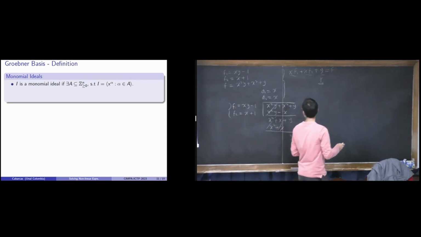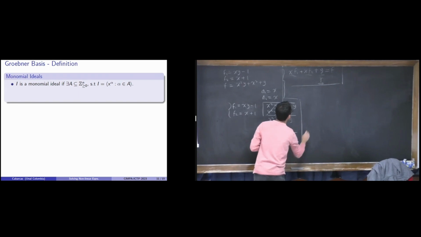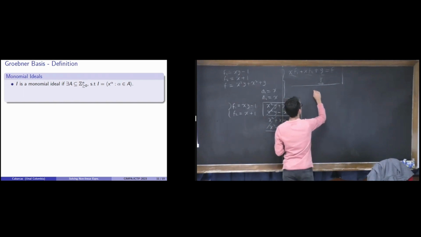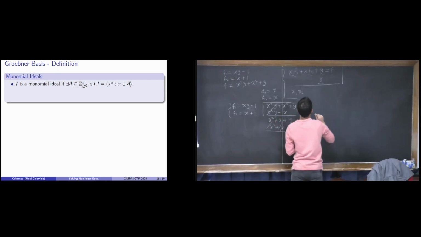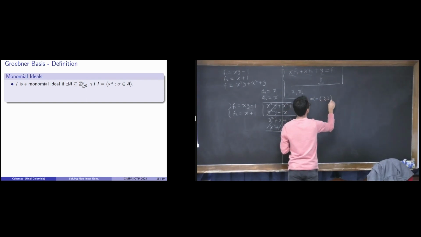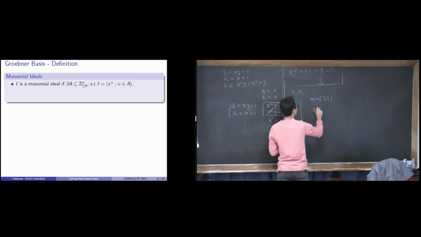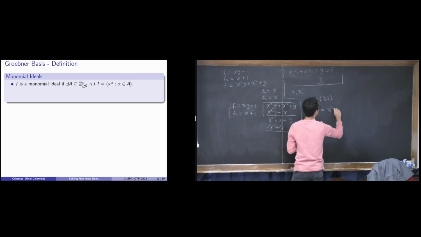I don't think I introduced that notation, but if we have two variables, x1 and x2, and we have an alpha, which is a tuple, let's say (3, 2), then x to the alpha means x1 cubed, the first variable raised to the power of 3, times x2 raised to the power of 2.